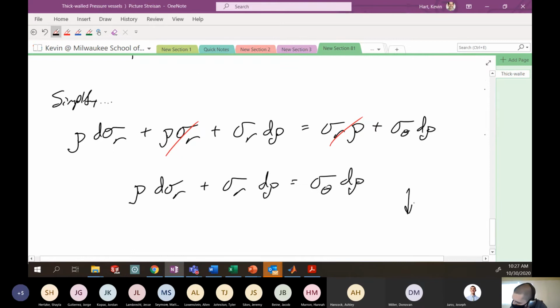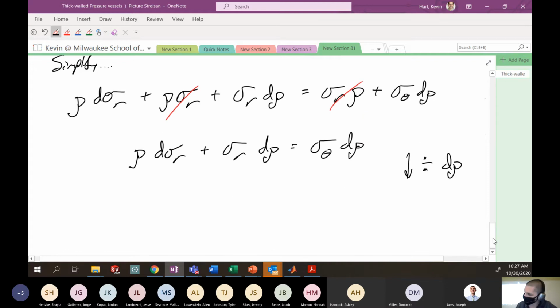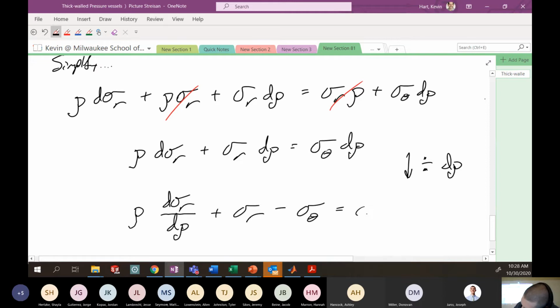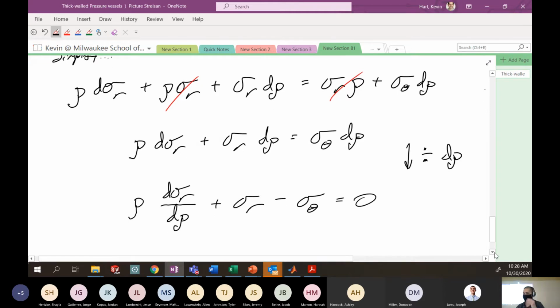Can divide by, I think this is the first time in history I've used that actual divide by symbol. Here's your final expression.